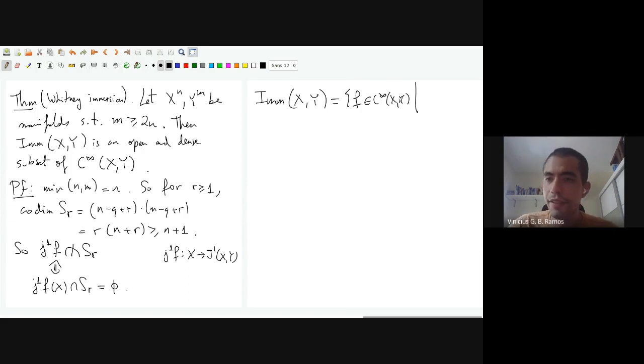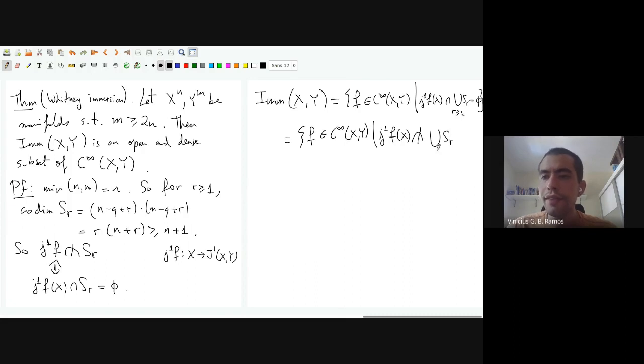So this is the set of functions whose jet doesn't intersect S_r for r greater than or equal to 1. Because of this condition, this is the same as the set of functions such that the first jet intersects the union of the S_r transversely.